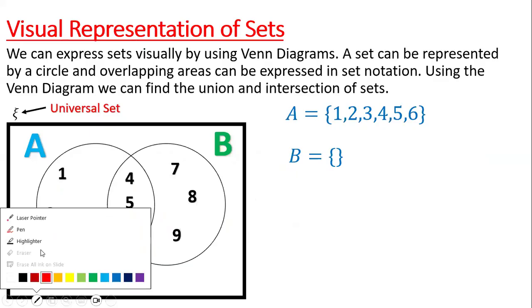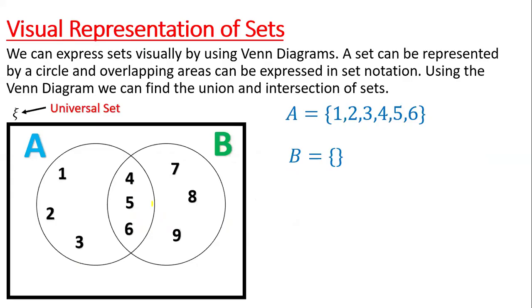Okay, so all of B is going to be what? All of this, right? All of B is going to be 4, 5, 6, 7, 8, 9. Okay, so the middle is the intersection, not the union.